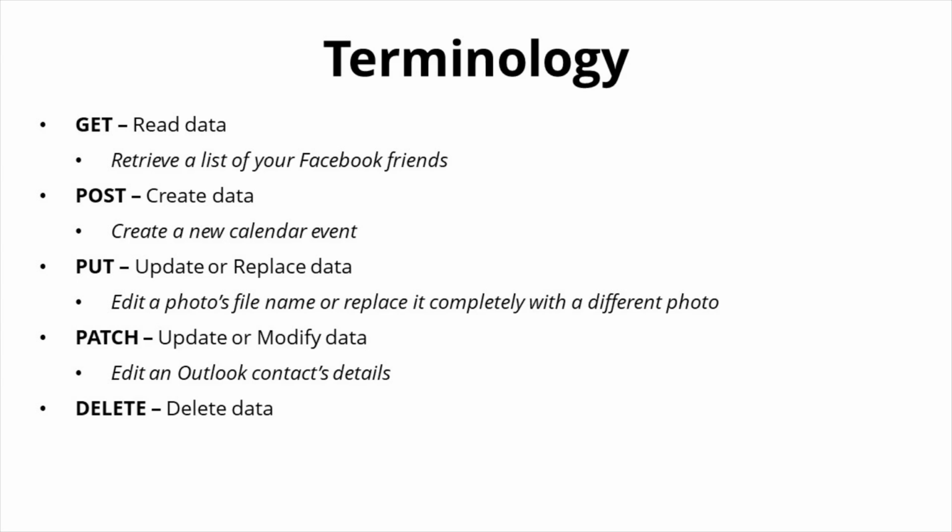When you make a call as a get method, you are usually going to retrieve data in order to display, to save, to just read. You just want to receive the data. When you're making a call as a post method, that's generally when you want to send data out to the external service so that service can make a change. So a good example of a post call would be if you wanted to create a calendar event on your Google Calendar.